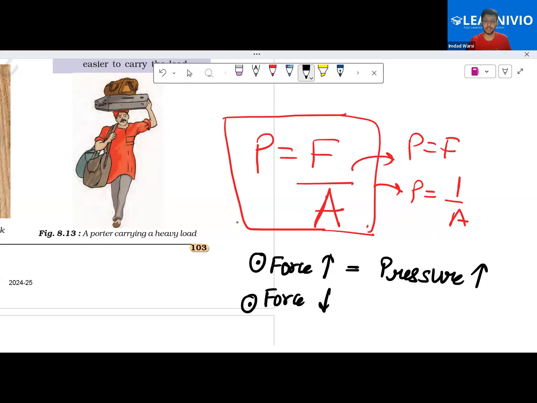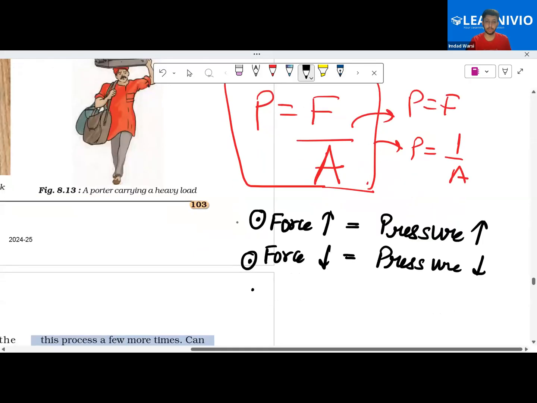If force is decreased, then pressure will also decrease. You understand the arrow, right? Up arrow means increase and down arrow means decrease.